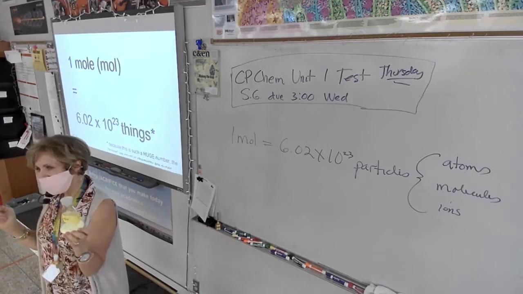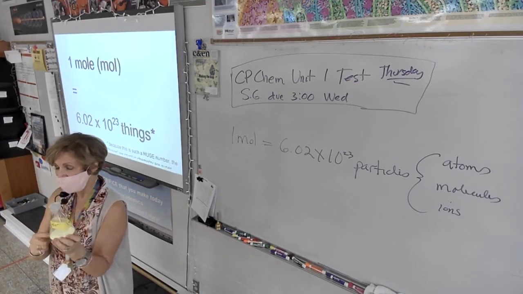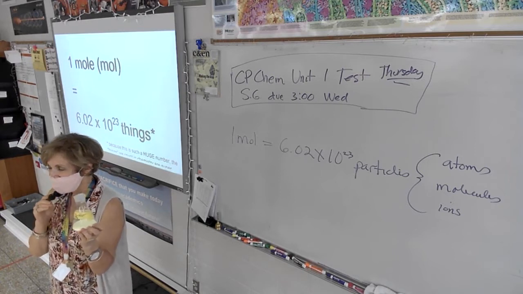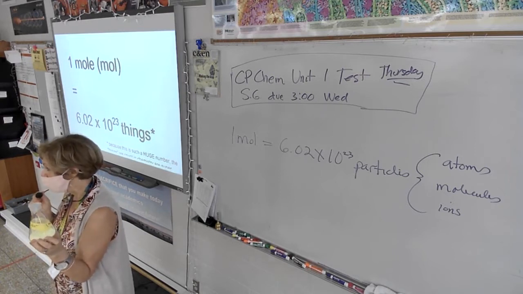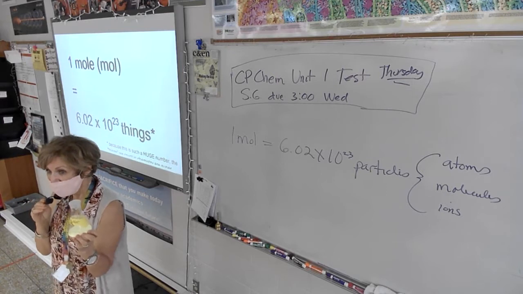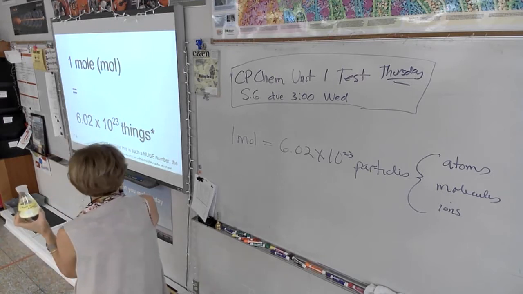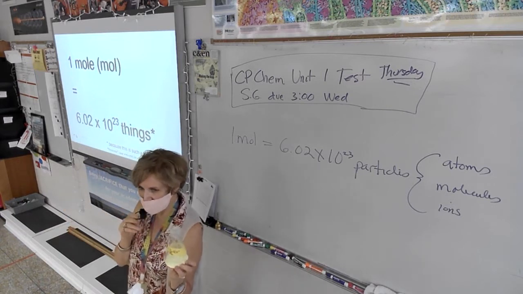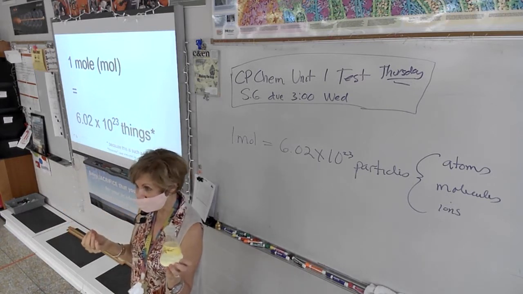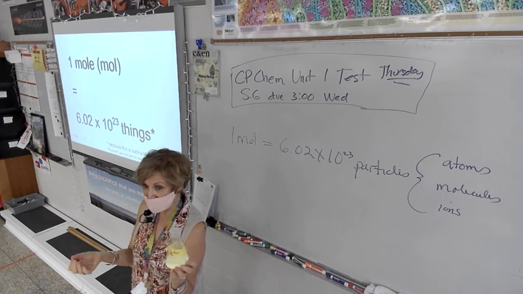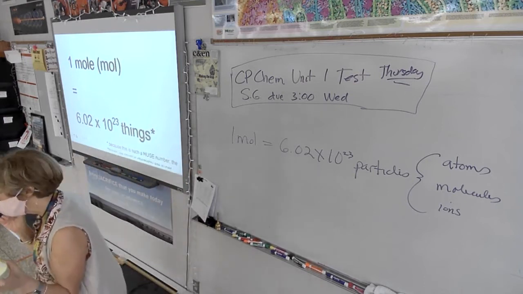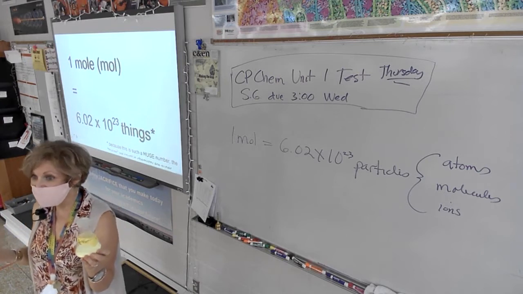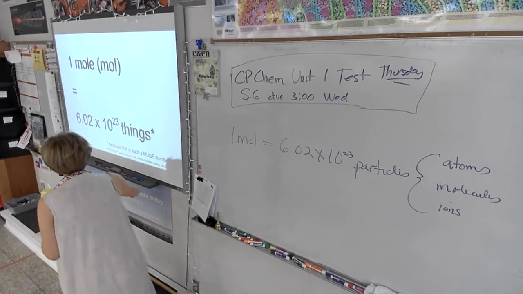Tell me about the size of these particles. They must be really, really what? Small. Okay. So the things that we measure in chemistry are tiny. That is why we need the mole. If we were measuring marbles, we would not use the mole, would we? Because it's way too many things.